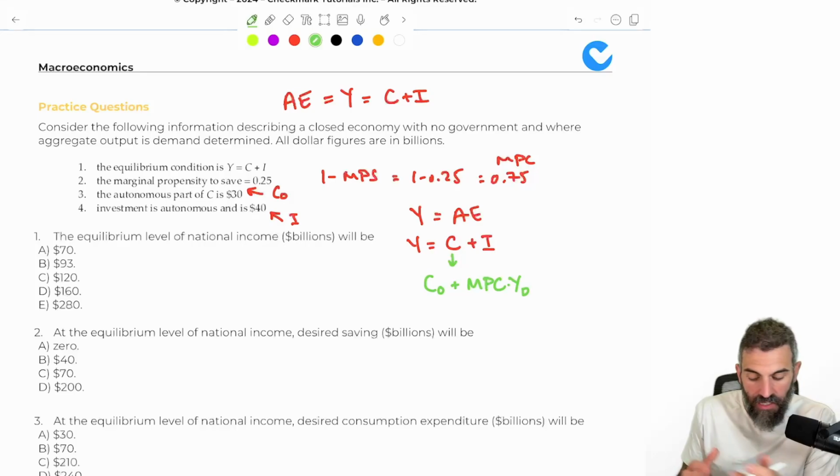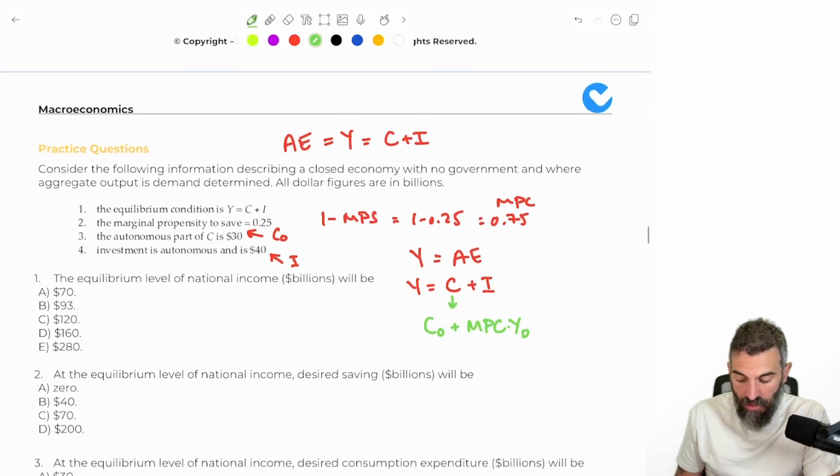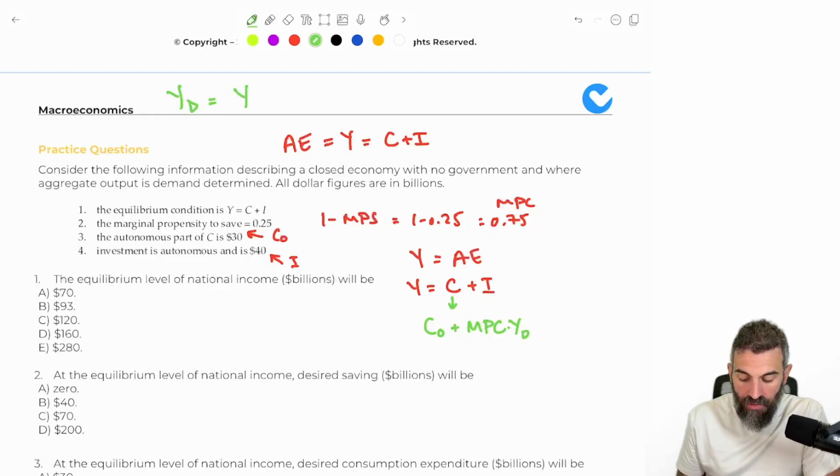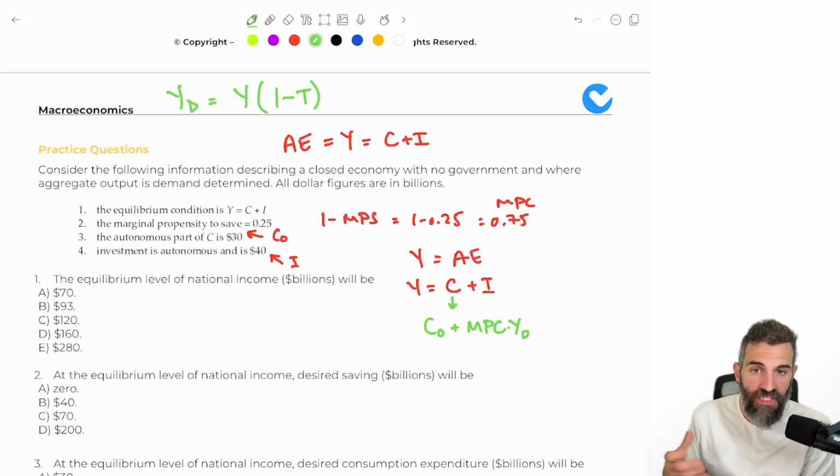Disposable income and national income, Y and YD, are not exactly the same thing. Y is before tax, whereas YD is after tax. Technically, YD is national income times 1 minus the tax rate. It's your income after removing the taxes.